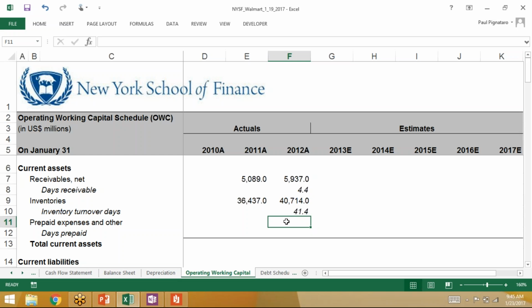Okay, prepaid expenses. Let's pull in prepaid expenses from the balance sheet. Okay. What do we look at there? What are you prepaying?